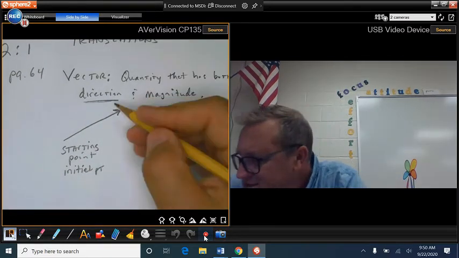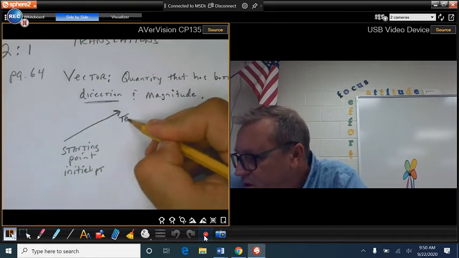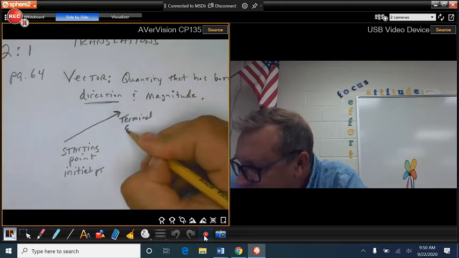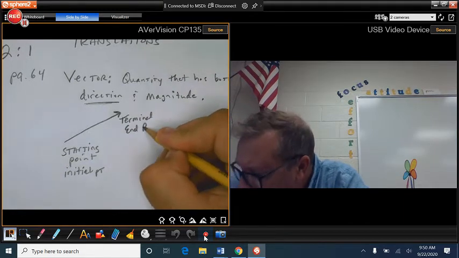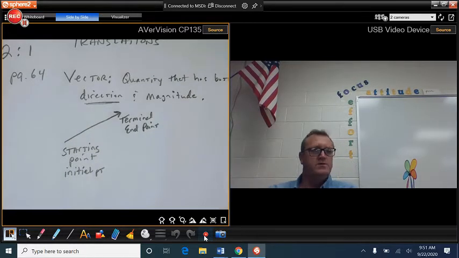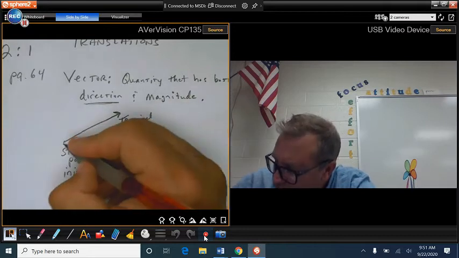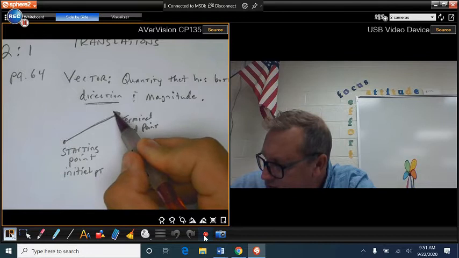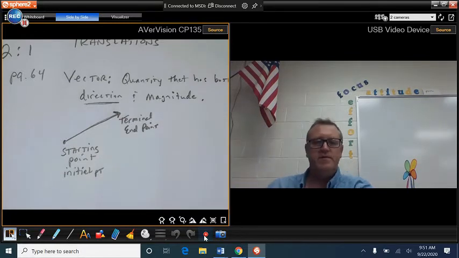And it also has, they use the term terminal, which is the same thing as an endpoint. So a vector has direction, a starting point, and an endpoint. So this would be the starting point, and then where the arrow is would be the endpoint. Okay.